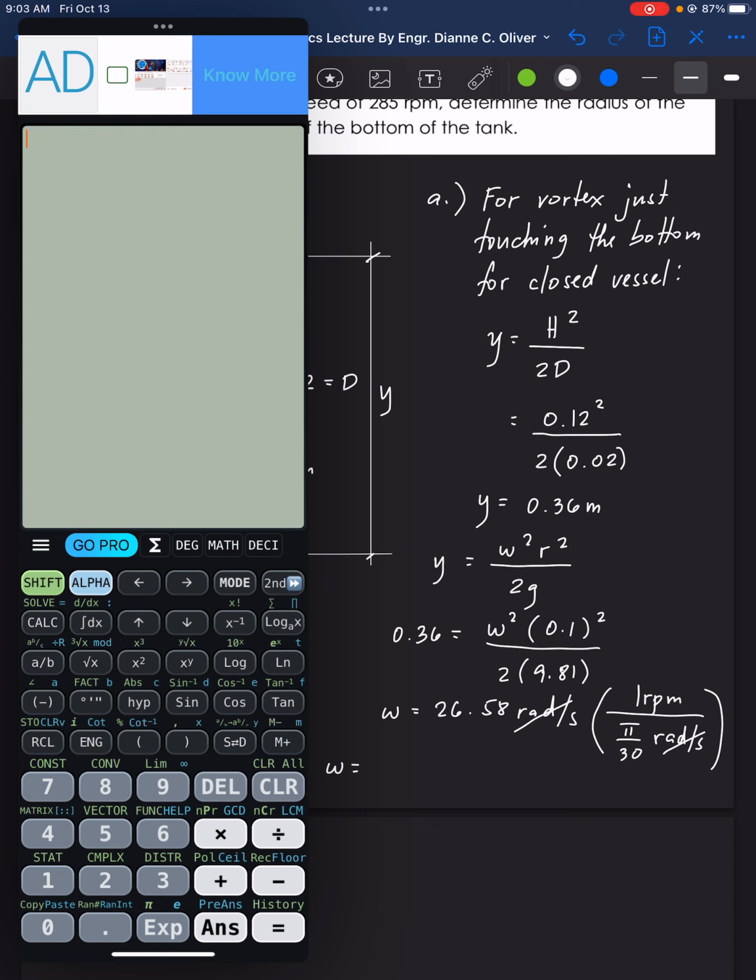Our omega now is 26.58 times 30 divided by pi, so that is 253.82 RPM.